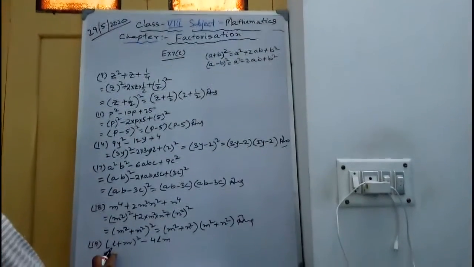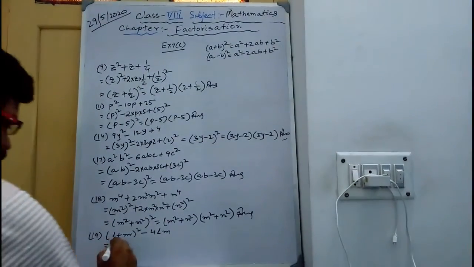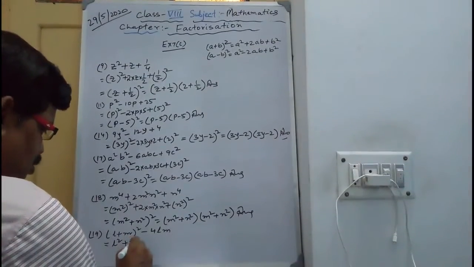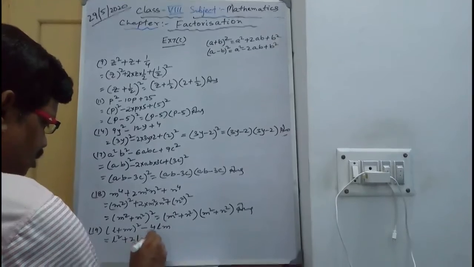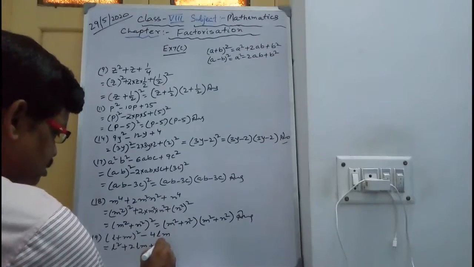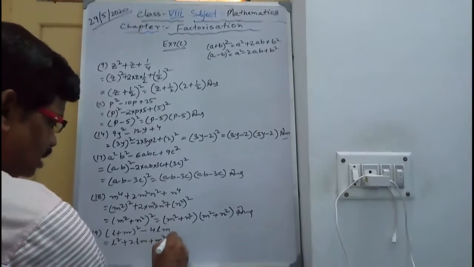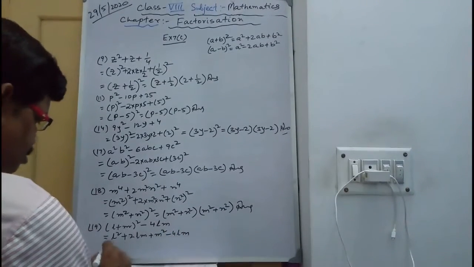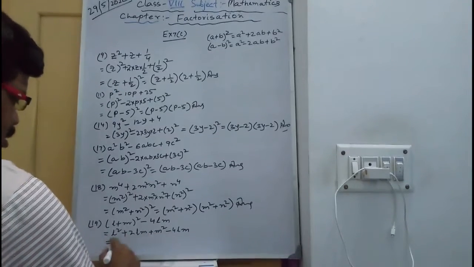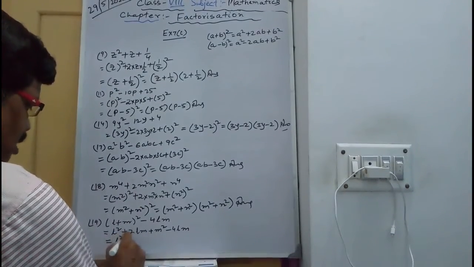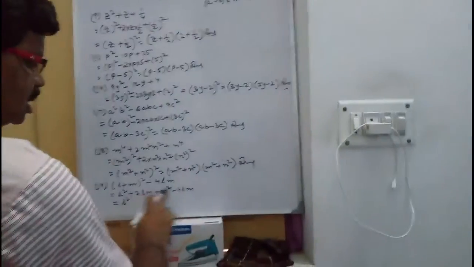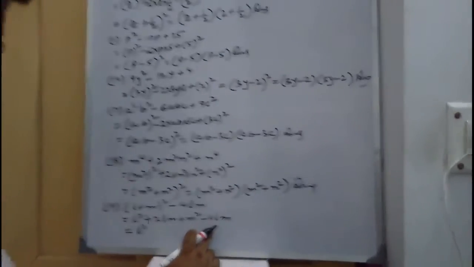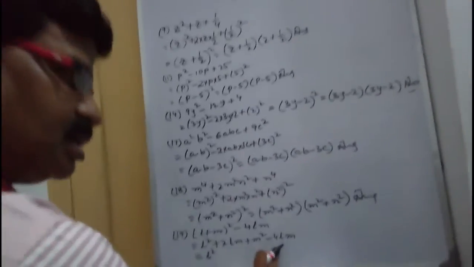Say (a plus b) whole square is a square plus 2ab plus b square, write that one, minus 4lm. So for lm, there is plus 2, there is minus 4. So you have to do the work of subtraction, that is equal to minus 2.